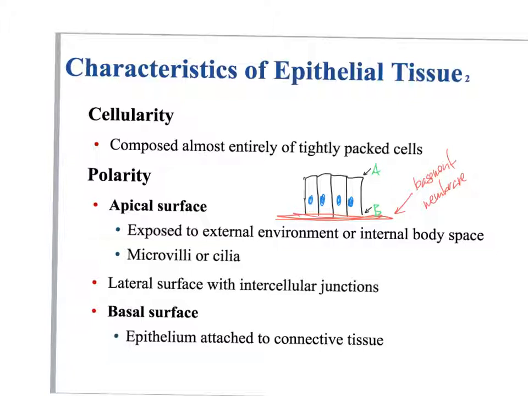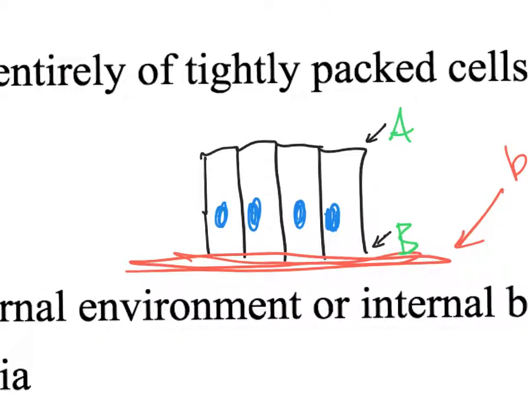The lateral surfaces, the surfaces on the sides, have intercellular junctions, so you have junctions between the cells. There are different types of junctions, some of which allow cells to communicate with one another, but they also connect one cell to another. So cell 1 is connected to 2, 2 is connected to 3, and 3 is connected to 4.